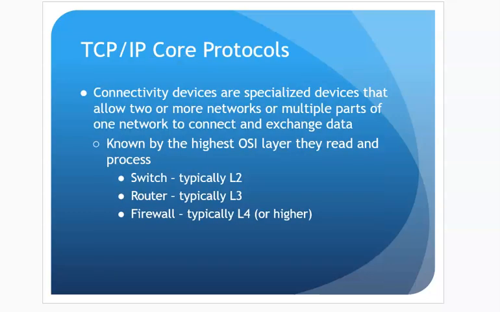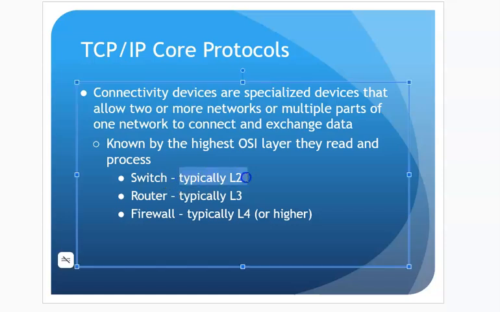With TCP/IP protocols, we typically talk about a device by the highest OSI layer that it reads. A switch is typically going to read MAC addresses at layer 2, so we typically call our switches layer 2 switches, just the ordinary switch that we would have. A router is typically going to read the IP header, layer 3, so we typically call a router a layer 3 device.